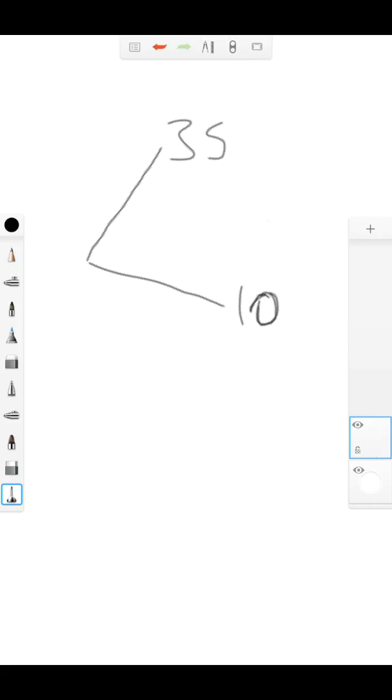So for question one A, it says find a replicating portfolio for this derivative today, stating clearly whether each portfolio component is a long or short position. The main thing you want to start off with is identifying that we're going to use the payoff function.